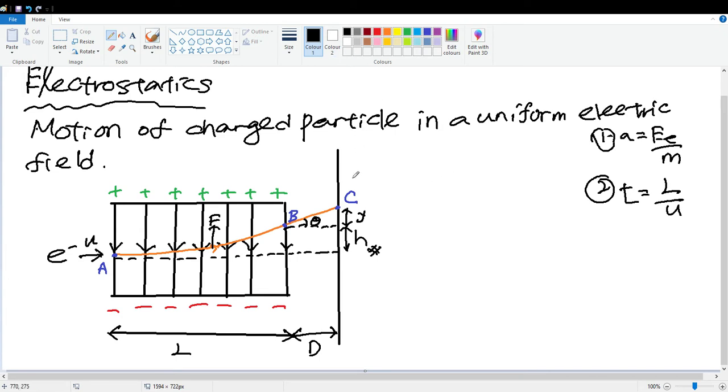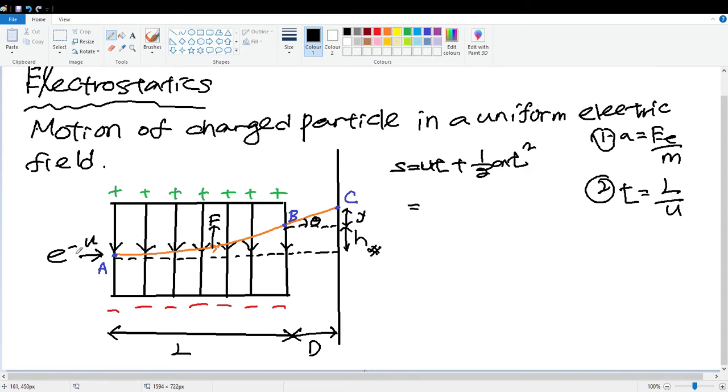Since this h is the vertical distance, the formula is s equals ut plus half at squared.